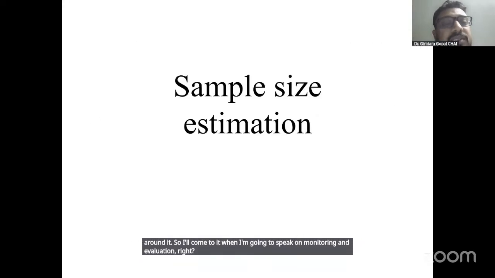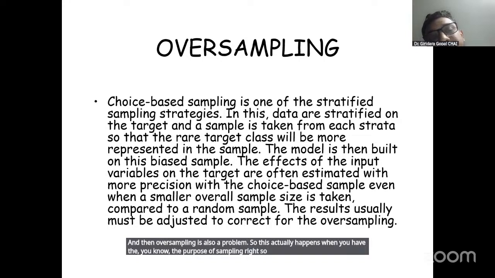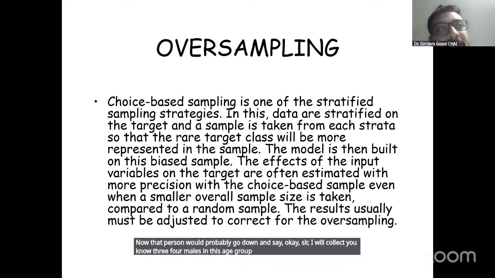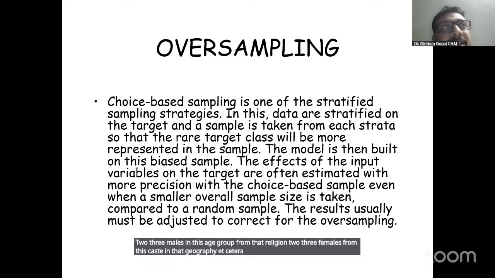And then oversampling is also a problem. This actually happens when you have purposive sampling, or even in stratified sampling, when you choose, you usually tend to get more than what is required. You have the numbers, but you can't tell those numbers to the community person. That person would go down and say, okay, sir, I will collect 3, 4 males in this age group with this caste, 2, 3 males in this age group from that religion, 2, 3 females from this caste in that geography, etc., etc. But only you will decide.